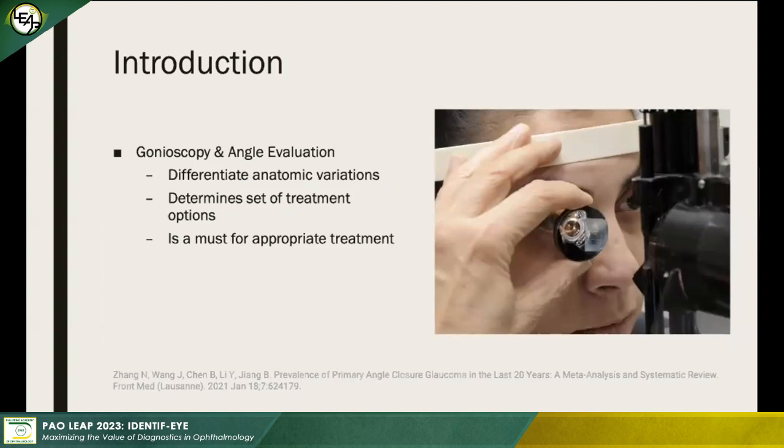Accurate gonioscopy allows us to differentiate between an open and a closed angle, which ultimately determines the type of treatment. Conversely, inaccurate interpretation of the gonioscopic findings may lead to improper management. So for today's session, I will be breaking down the process to make this very intimidating task simple enough for everybody.